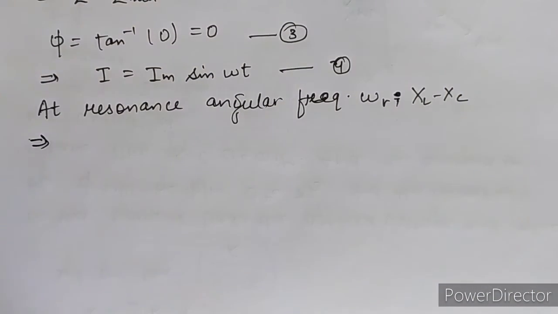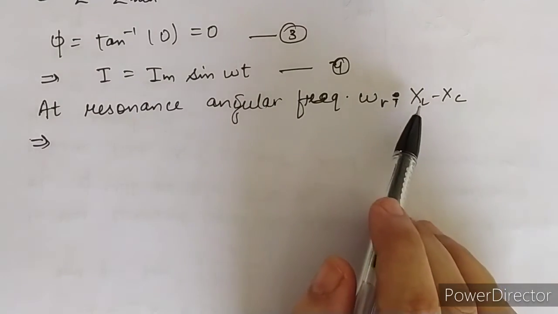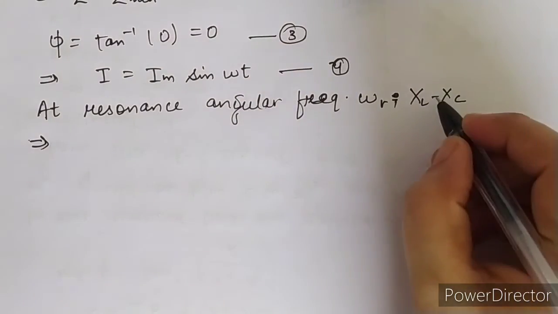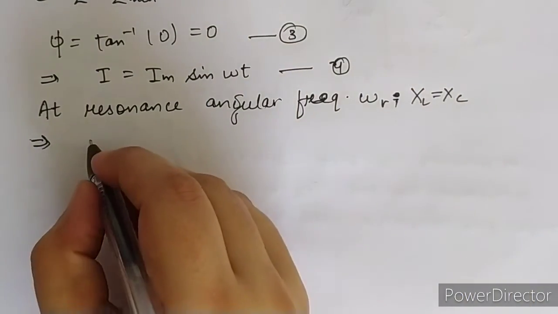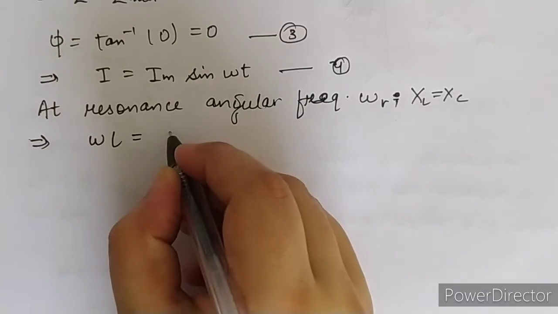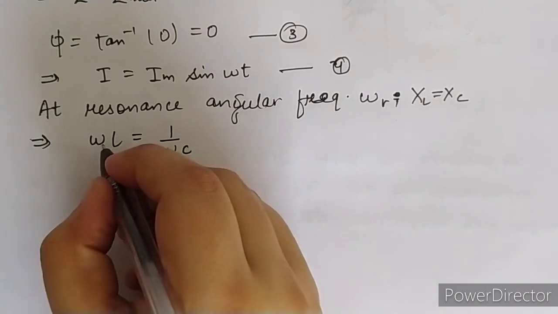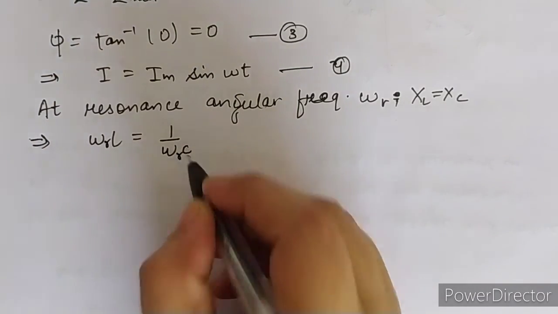So, beta, XL is equal to XC, where we are discussing that this is the value of omega r only. So we are replacing this value of the resonance angular frequency. So XL is equal to XC. I am putting the value of XL: omega L is equal to XC, 1 upon omega C. This is the resonance angular frequency omega R.